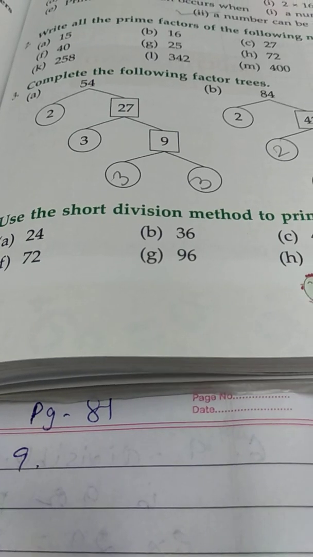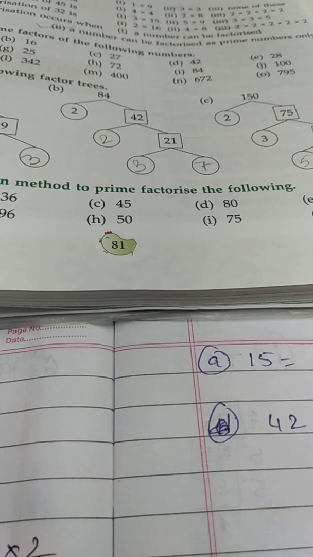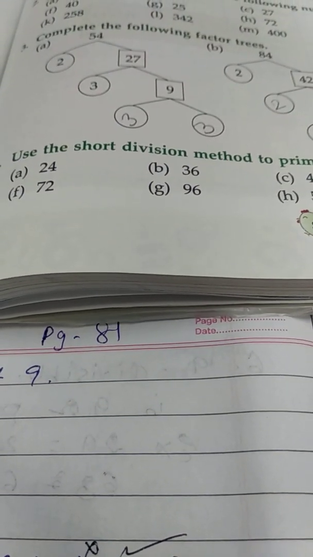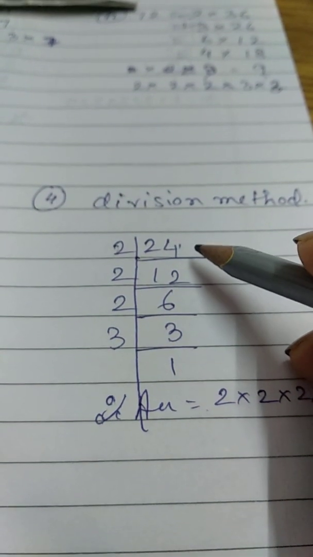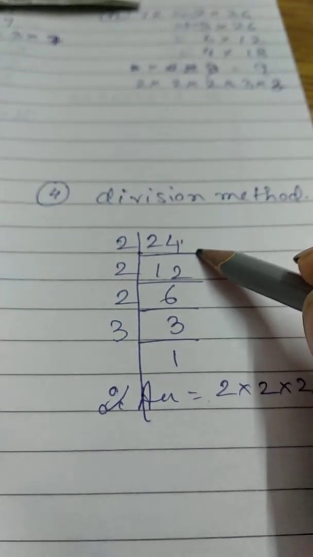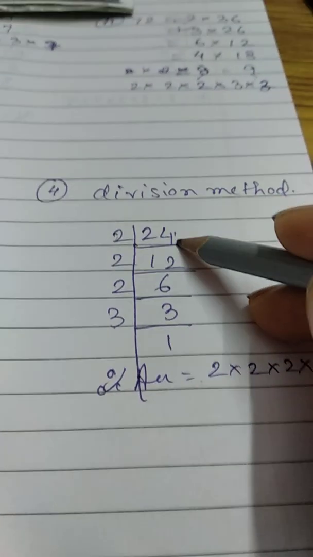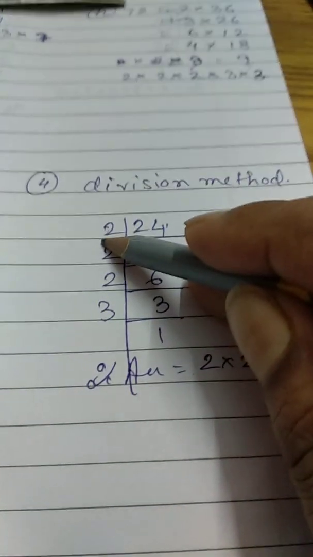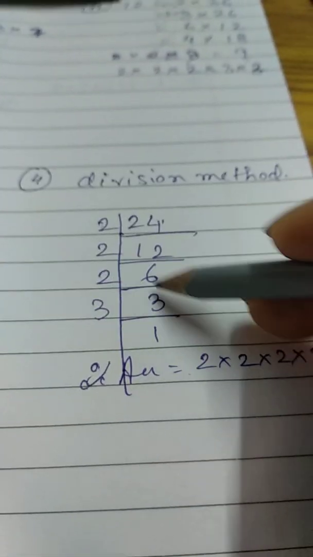Use the short division method to prime factorize the following. 24. Now what is the division method? Let me show you. Here, division method, 24. Now we have to write the prime factors. 24, as I told you, any even number we have to divide with 2. So 2 twelves are 24. We write the quotient here: 2 here as divisor, 12 here as quotient. 2 sixes are 12. 2 threes are 6. 3 ones are 3.